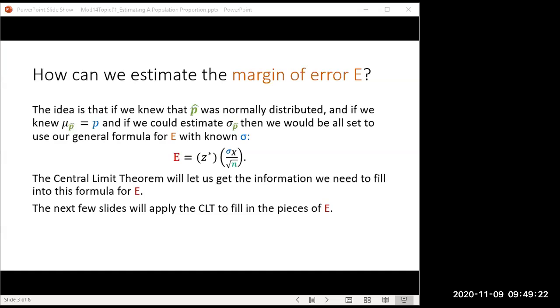That'll be an application of the central limit theorem. And then once we have the known sigma and we have that the distribution of P hat is roughly normal, then we'll be able to write down our formula for margin of error.